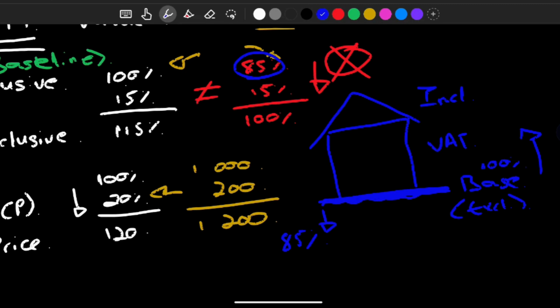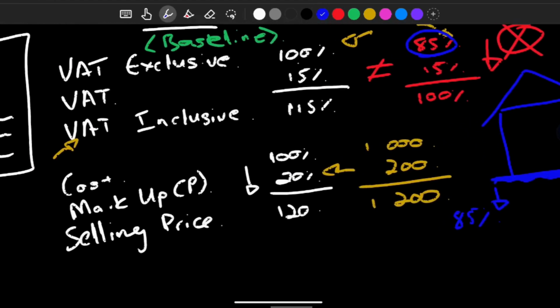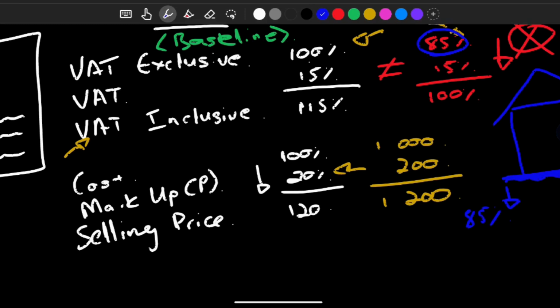You're now building underground, and then your house is gonna be different, right? So hence we always have your VAT exclusive amount at 100%, your VAT at 15%, and then your VAT inclusive is the 115%, right?